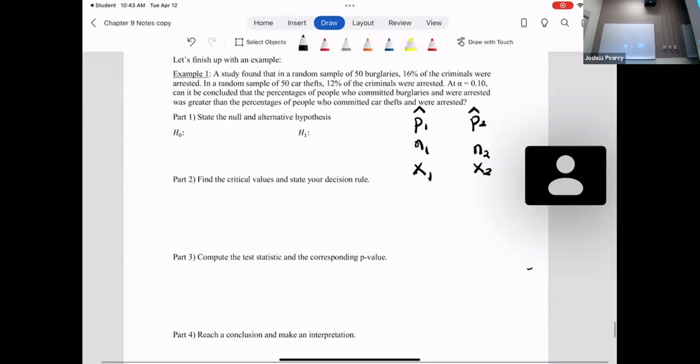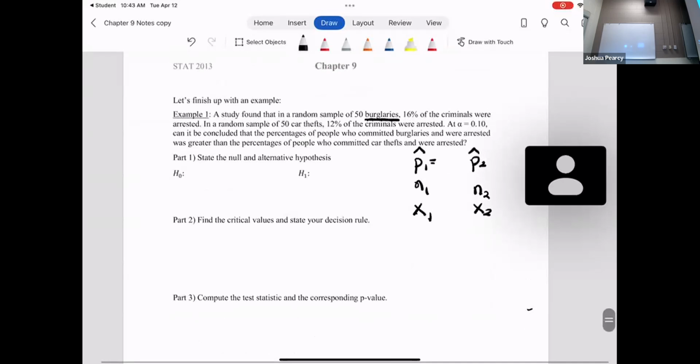Now, let's just say burglaries is the first group. And what is P1 hat in that case? The number of people who got arrested and committed burglaries is 16% or 0.16, and the sample size for that was 50.